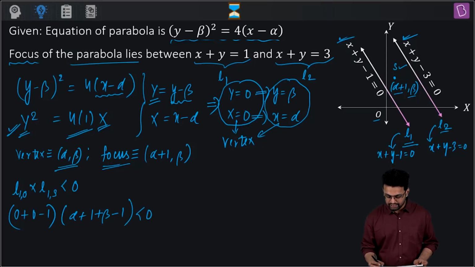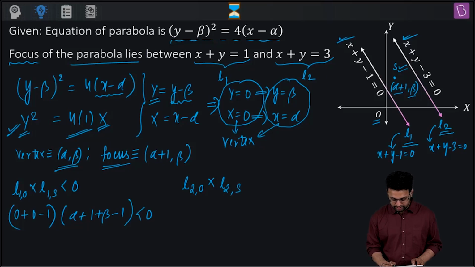Now, have a look at the equation of line L2. If you see line L2, the focus, which is the point S, and the origin lie on the same side of this line. That means in the equation of line L2, if I put the coordinates of the origin and then multiply it by putting the coordinates of the focus, it is going to be greater than 0. Why?